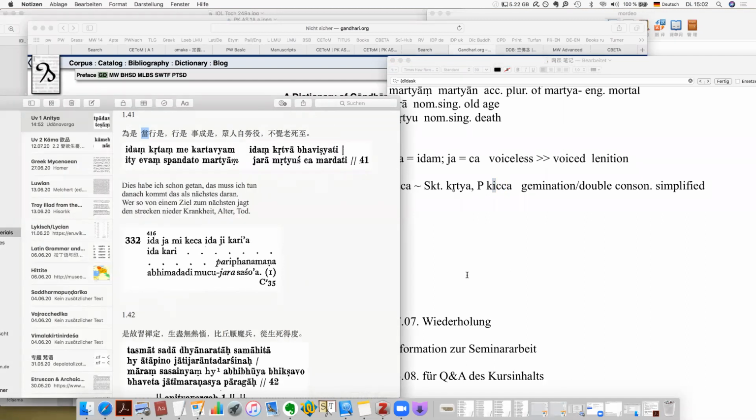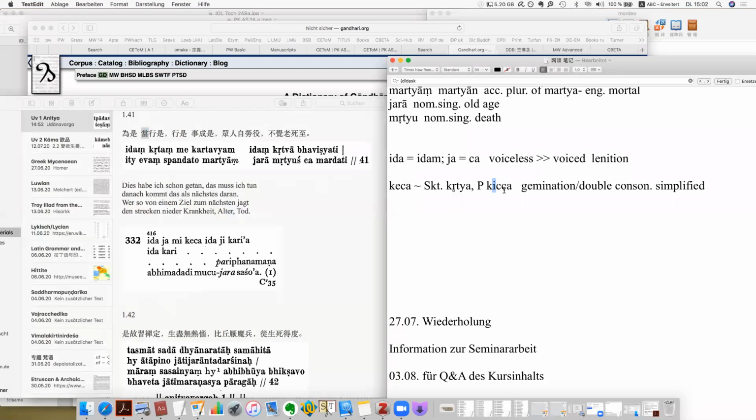And then the next one. So kitcha means having done. So having done this, and ida is again, and g is again cha. So it can be cha, but it can also be je, because this J is a palatal consonant.